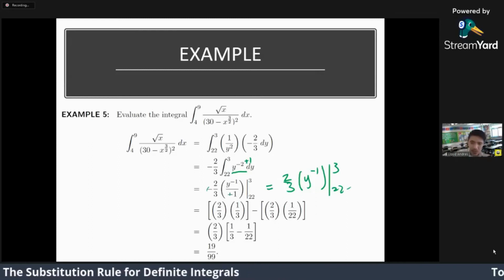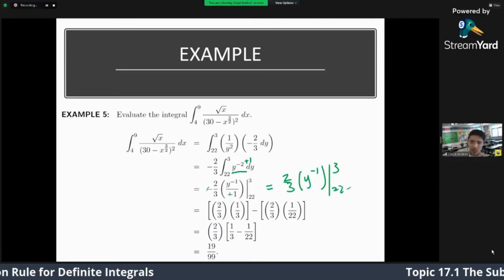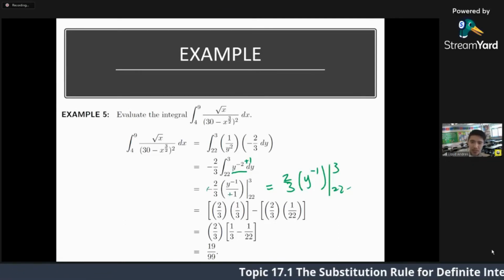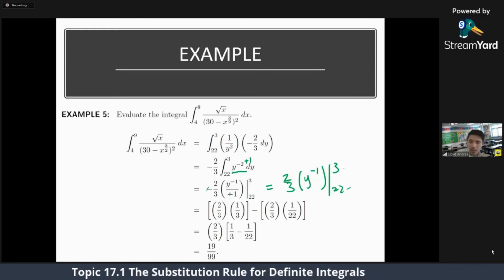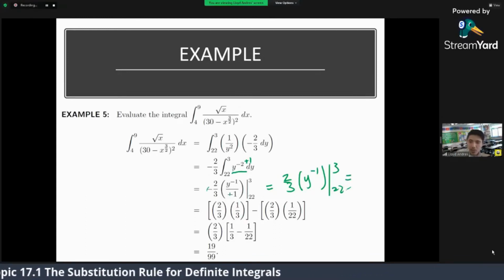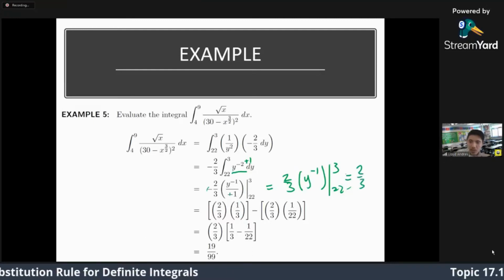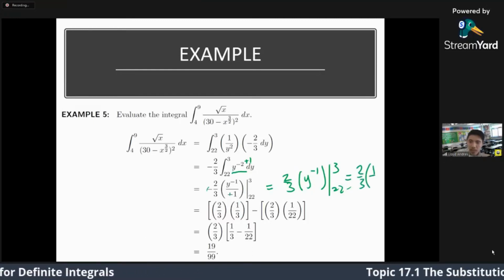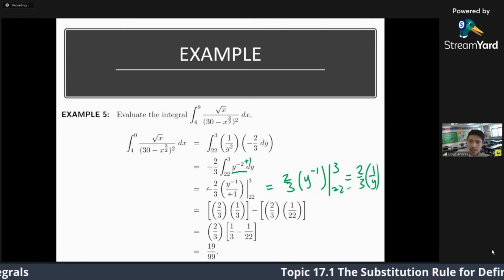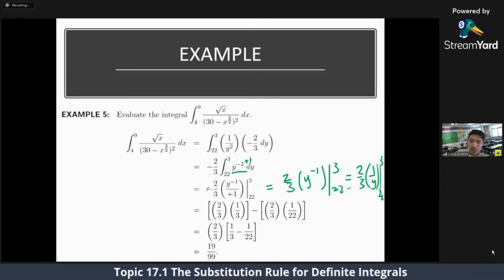So, by substitution, so first taog 3. Kani, by the way, pwede ra siya i-kuhan og 2/3 times 1 over y from 22 to 3. So, kani ang gigamit.